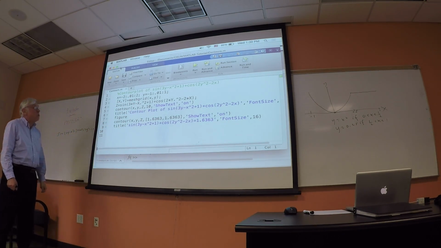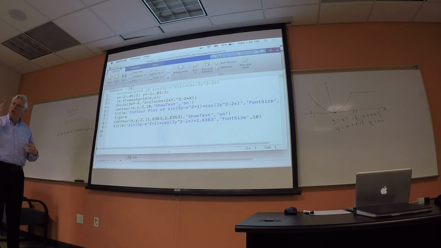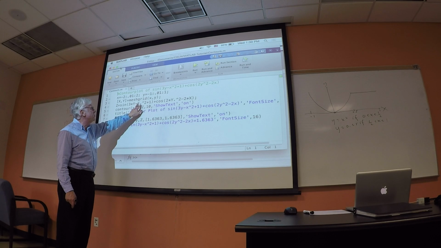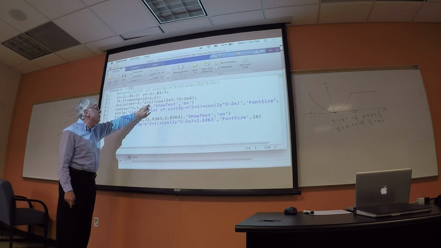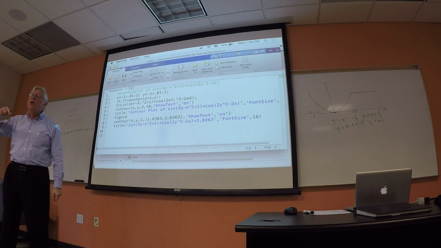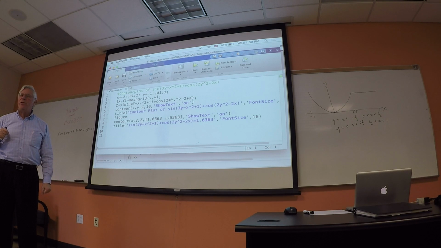And then plus 1. That's fine also. But again, remember what's going on over here. This matrix basically is 3y minus x squared, and that's a matrix. Let's say it's 10 by 80. Then I take a 10 by 80 matrix and I add 1. Can I do that? MATLAB says, okay, I understand what you want to do. You want to add 1 to every element of that matrix.